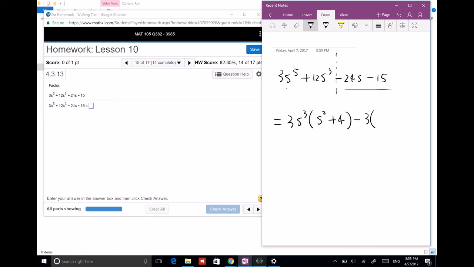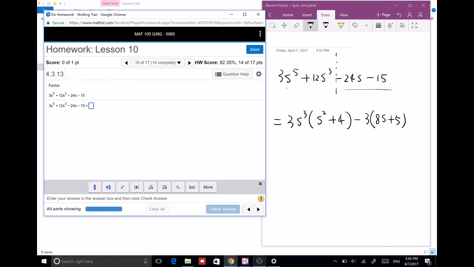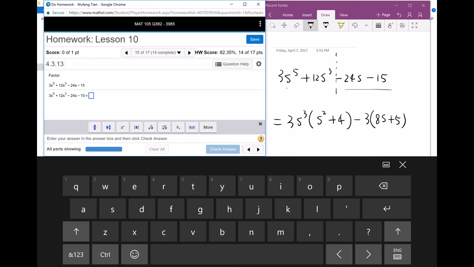So 3 times 8s plus 5. 3 and 15 is 1 and 5. 3 and 24 is 1 and 8. Wait. Oh, it just have a 3 as a common factor. That's it. I thought we can do the group factor. Actually, we can't.